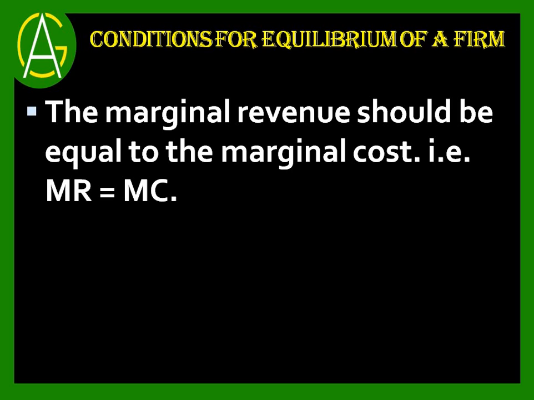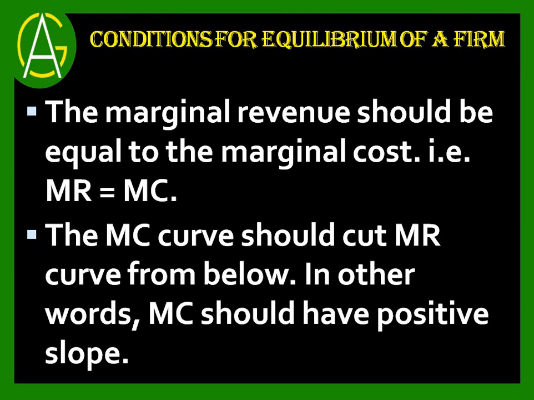But behavioral principle number 2 has a second part. Here you have to note that marginal revenue and marginal cost should be equal, but the marginal cost curve should cut the marginal revenue curve from below. It means that the marginal cost curve should have a positive slope. So the positive slope side of the marginal cost curve is important.